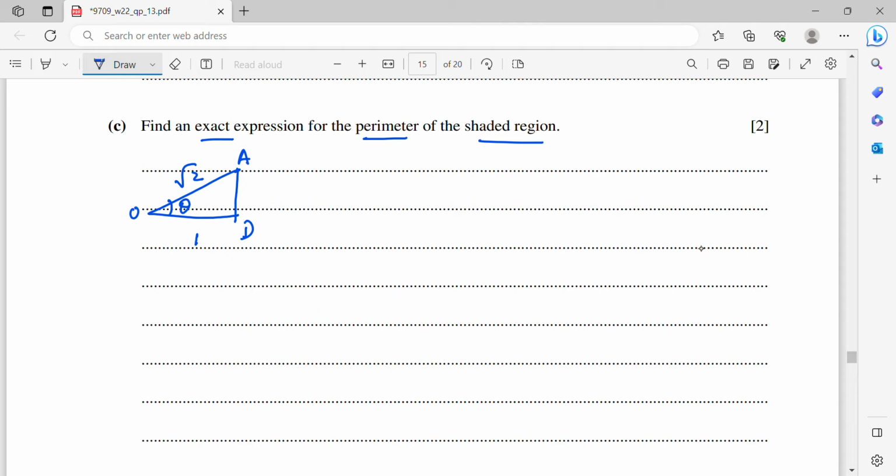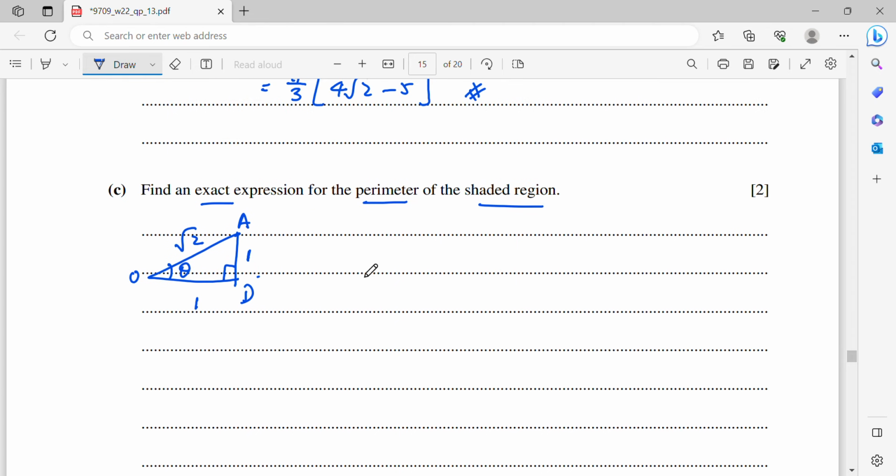So now my theta, since when you refer to this right angle triangle, OD is the adjacent side of the angle, OA is the hypotenuse. So adjacent and hypotenuse, it will be OD, or you can say that this is 1 as well. Okay, it's up to you. So probably I will just use OD and AD. Let's check.